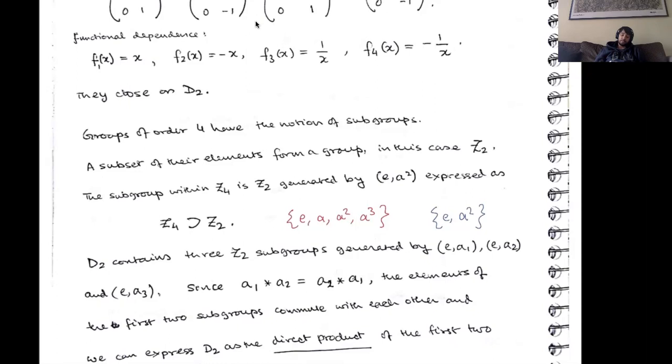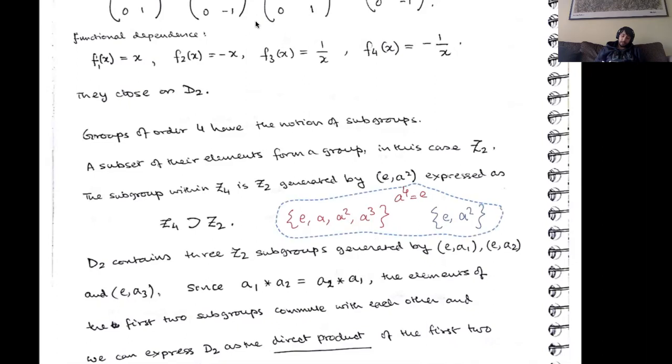We know that A to the 4 is equal to 1, which is equal to E. So it's clear that if you take just E and A squared, then A squared would circle back. So that is going to be a subgroup. Again, that's reasonably straightforward.